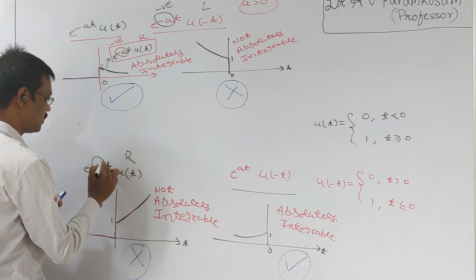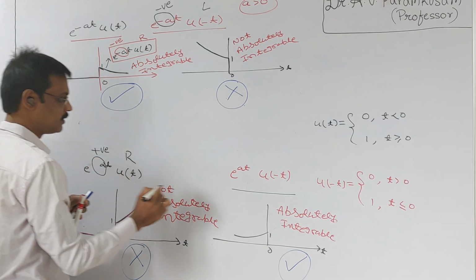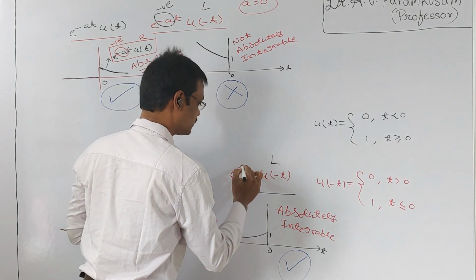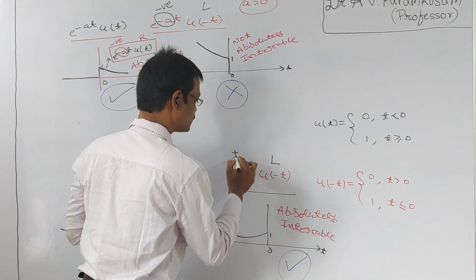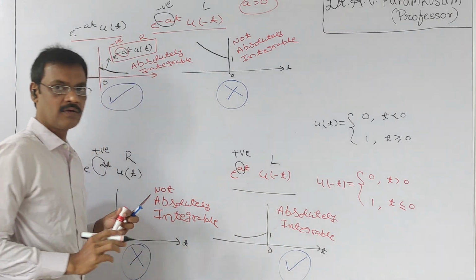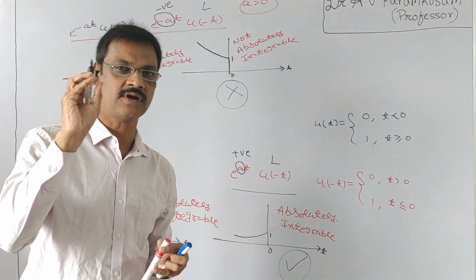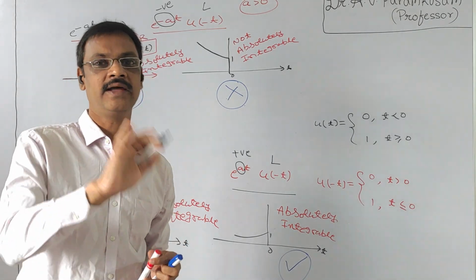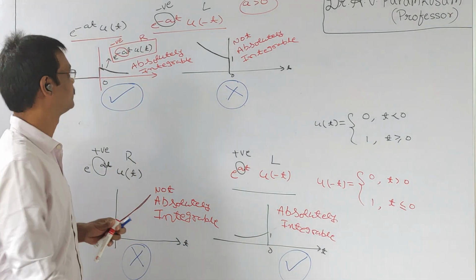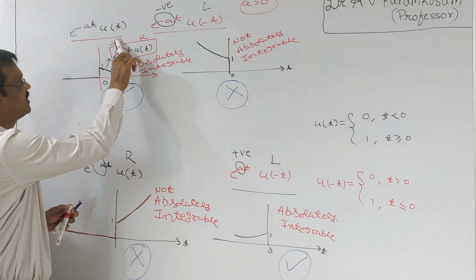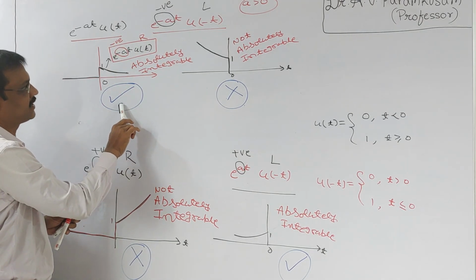This is positive. This is also a left-sided signal. This is positive. See, for a right-sided signal, if the coefficient of t is negative, then the Fourier transform exists.